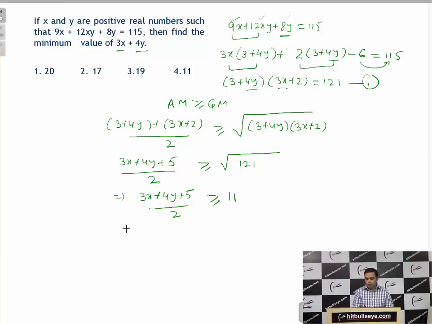Just multiply both sides by 2, we get 3x plus 4y plus 5 greater than or equal to 22, or from here we can say that 3x plus 4y is greater than or equal to 17. That means the values of 3x plus 4y are either equal to 17 or more than 17. So that means the minimum value of 3x plus 4y is equal to 17. So for such questions, just try to factorize the left hand side. Let us take another example.